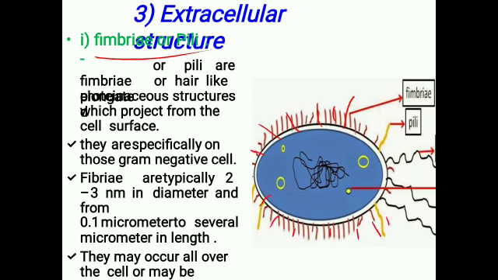They are mostly present on gram-negative cells, having a diameter of 2 to 3 nanometers and a length from 0.1 micrometer to several micrometers. The fimbriae occur all over the cell.